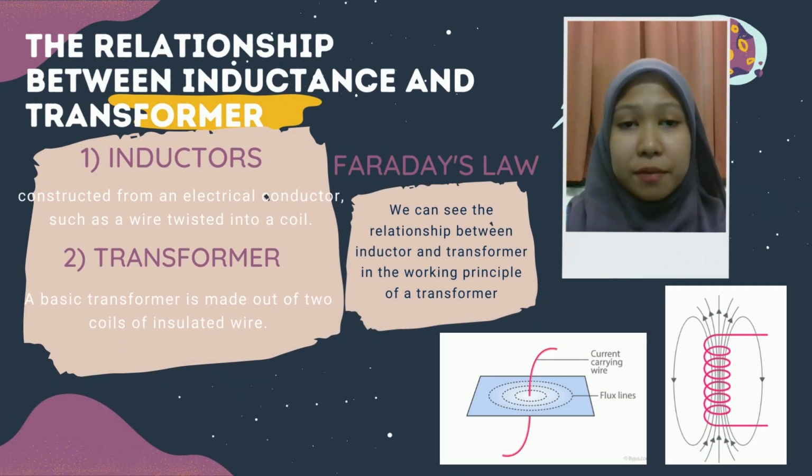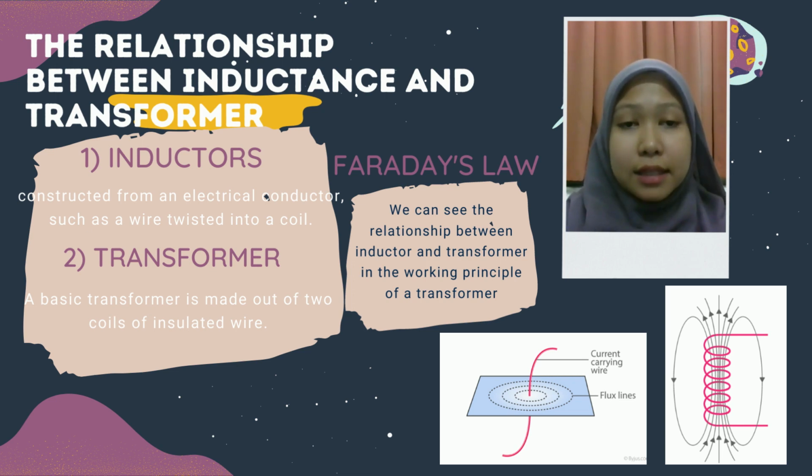A basic transformer is made out of two coils of insulated wire. The wires in most transformers are wound around an iron-containing structure known as the core. One coil, which is the primary, is connected to an alternating current input source, and the other coil generates an alternating current as a result of the magnetic field.